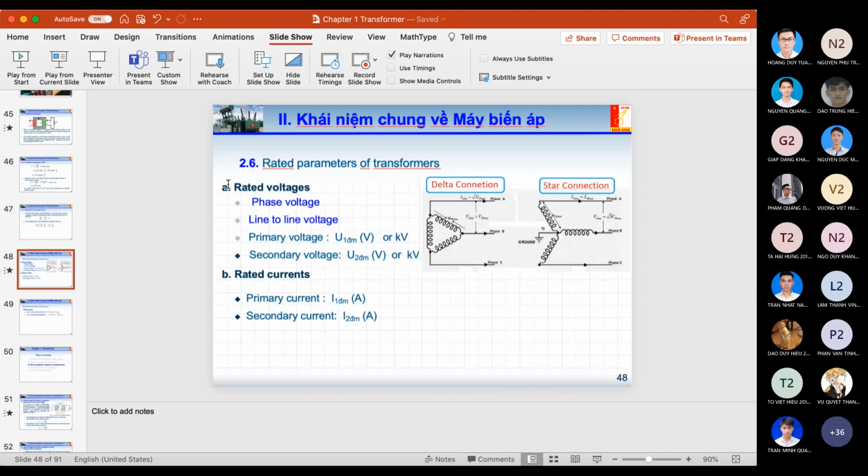Now we are talking about some parameters like the rated voltage, the rated current and the rated power.